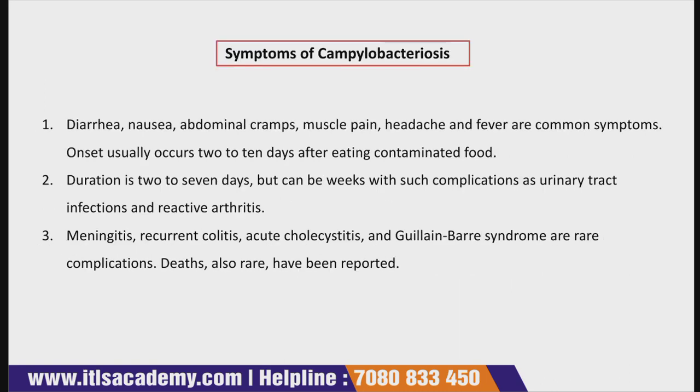Then comes the question of what the symptoms of campylobacteriosis are. The symptoms are diarrhea, nausea, abdominal cramps, muscle pain, headache, and fever. These are certain common symptoms. Onset usually occurs 2 to 10 days after eating the contaminated food.